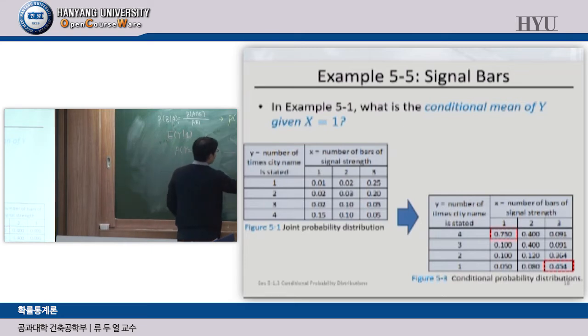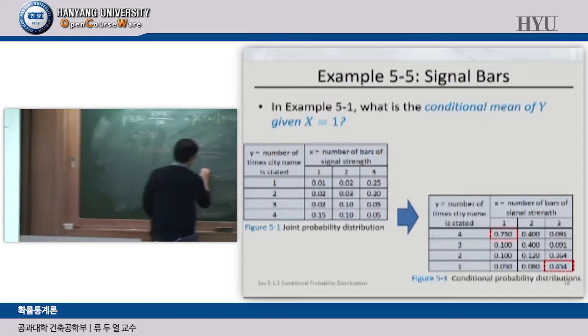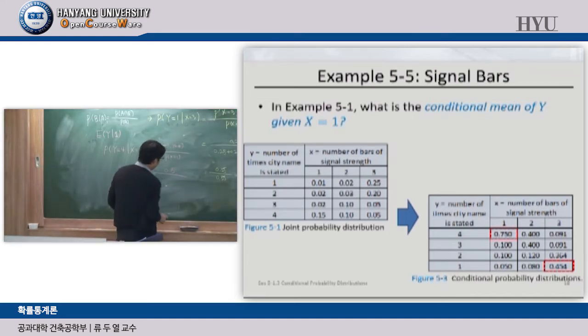And that is equal to the probability of X equal to 1 and Y equal to 4 over the probability of X equal to 1. Okay? And what is this? There is a 0.15 here. 0.15 over what is the marginal probability of X when x is equal to 1?